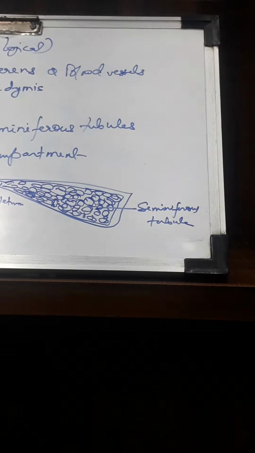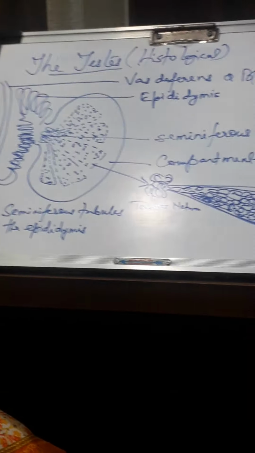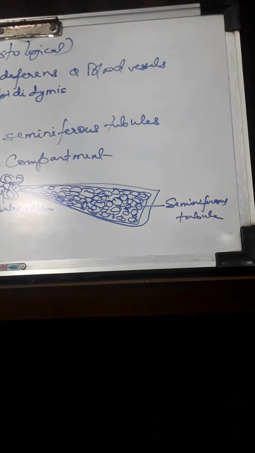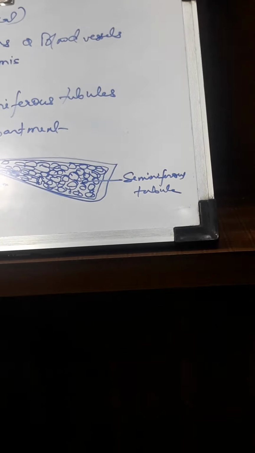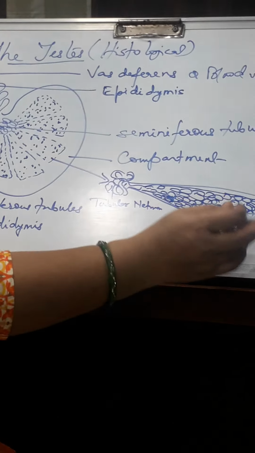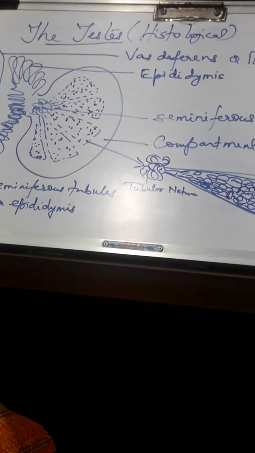We have to draw more and more. Take one minute and get it drawn. We have to draw two more figures. From a testis, we have shown the compartment of one pyramid in the form of seminiferous tubules and the tubular network. Now we have to go for the structure of these seminiferous tubules.